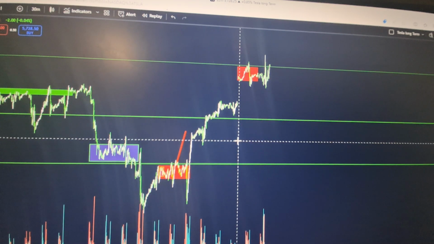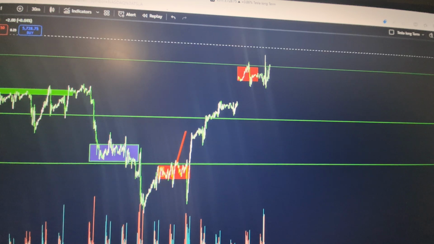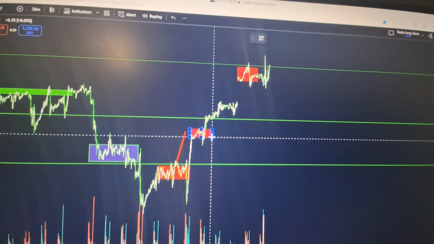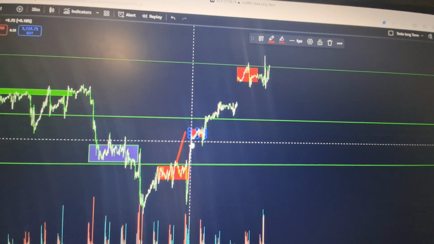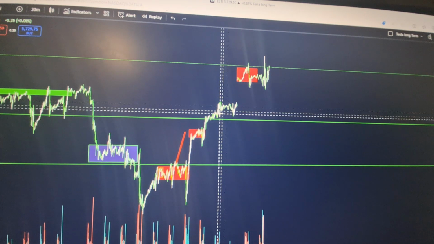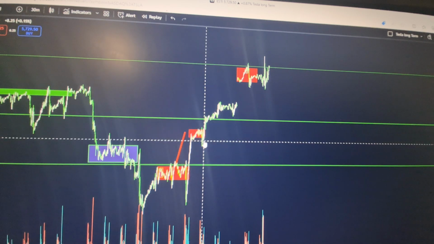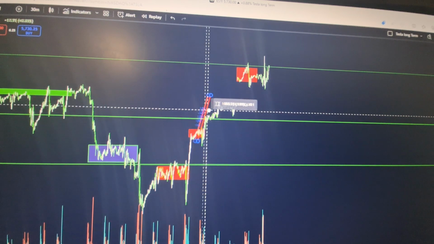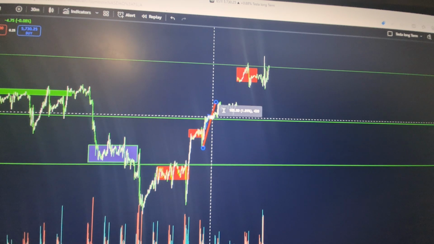So technically, this one here would be your second, right? So you have your two base. Now this one is your three, and that's how you also take this measured move from the bottom to the top.